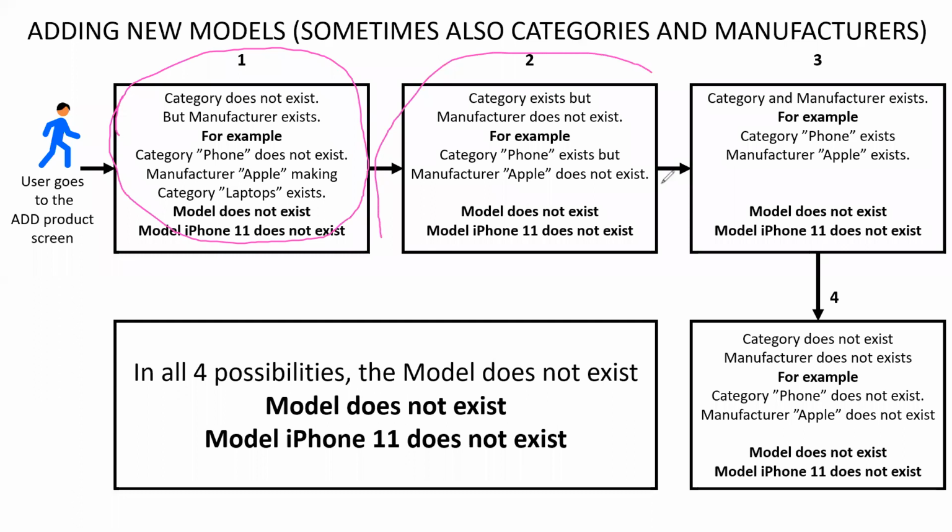Here we created a new manufacturer. Now we are thinking where we don't have a category or a manufacturer, but before that, let's take this case where a category and manufacturer exist and we create a new model. So let's look at this case and then go to the fourth case.